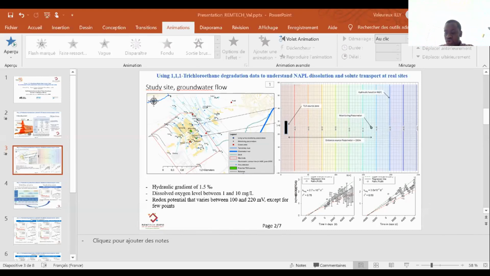Now I'm going to present to you the other models and what they gave. The first one is when you suppose that the source is entirely dissolved in the groundwater.